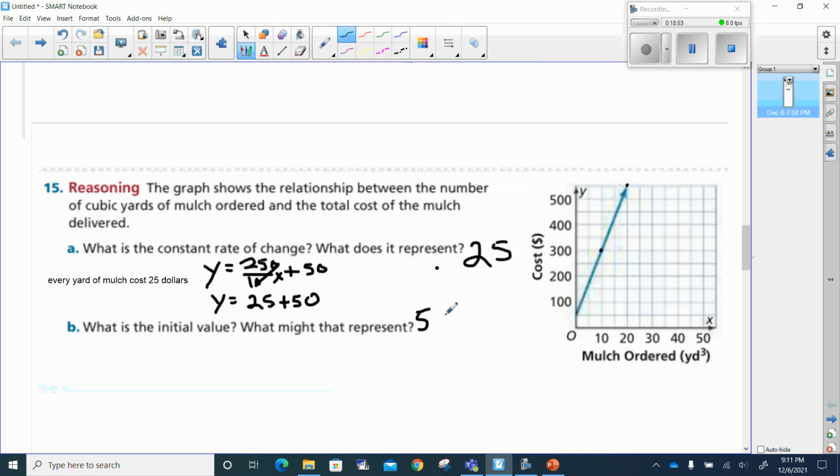What does it represent? It represents that you're going to pay $50 on top of, let's see, the graph shows a relationship between the number of cubic yards of mulch ordered and the total cost of mulch. I'm going to say this is $50 additional added on for costs.